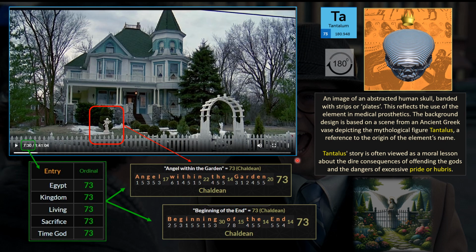And you can see here that the element tantalum was named after King Tantalus. And Tantalus' story is often viewed as a moral lesson about the dire consequences of offending the gods and the dangers of excessive pride and hubris, which is precisely what Phil Connors has at the beginning of the movie. In one scene, Rita tells him that his ego, his narcissistic behavior is his defining characteristic.